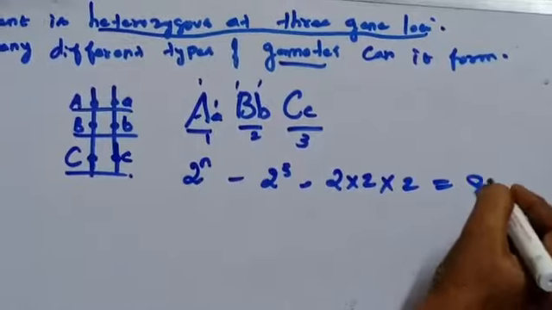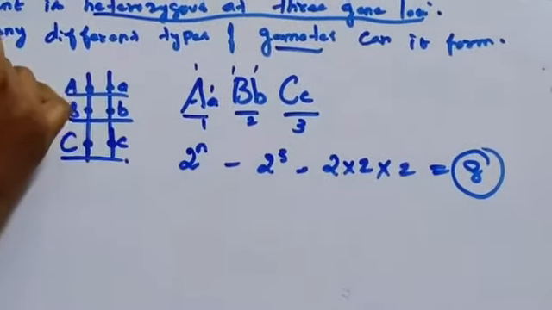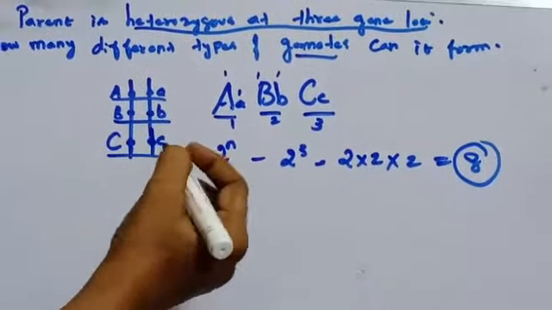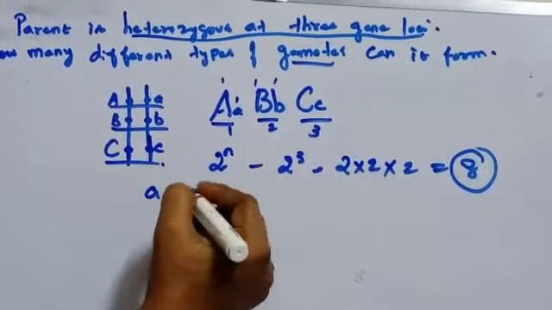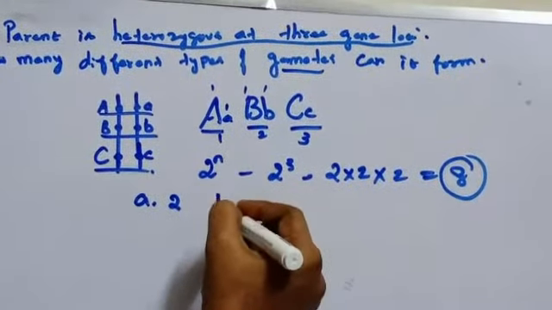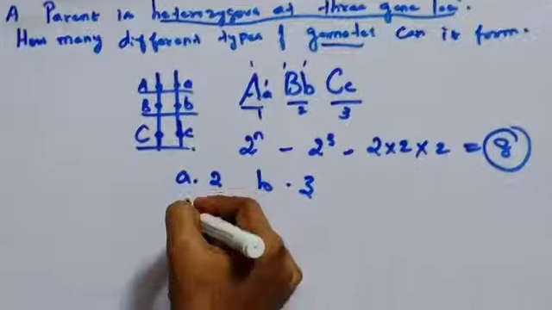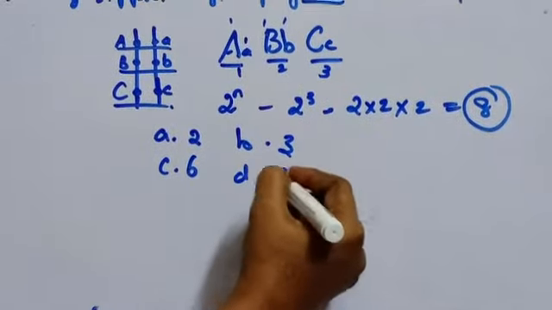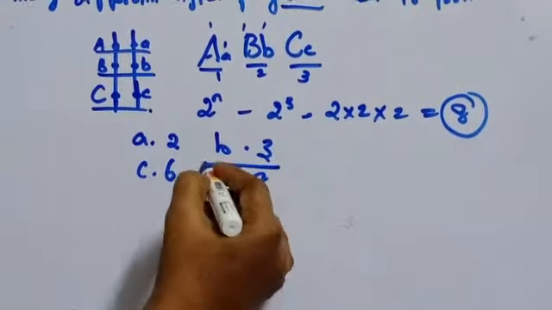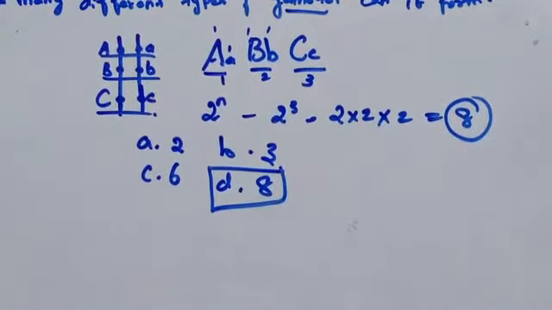The answer is 8. Suppose the options are given: A 2, B 3, C 6 and D 8. The correct answer is D, 8.